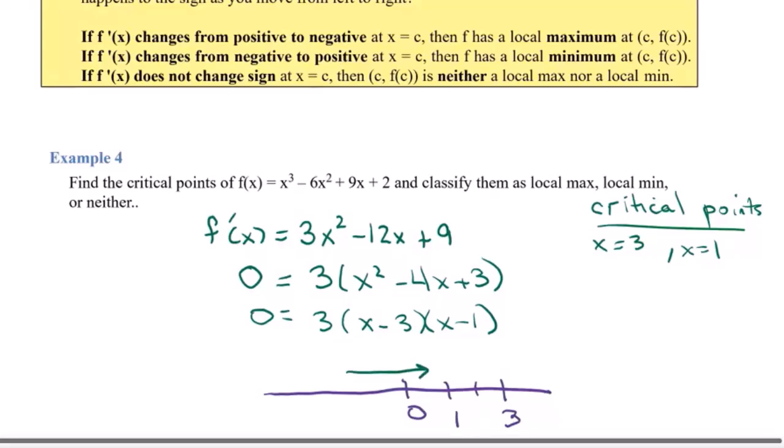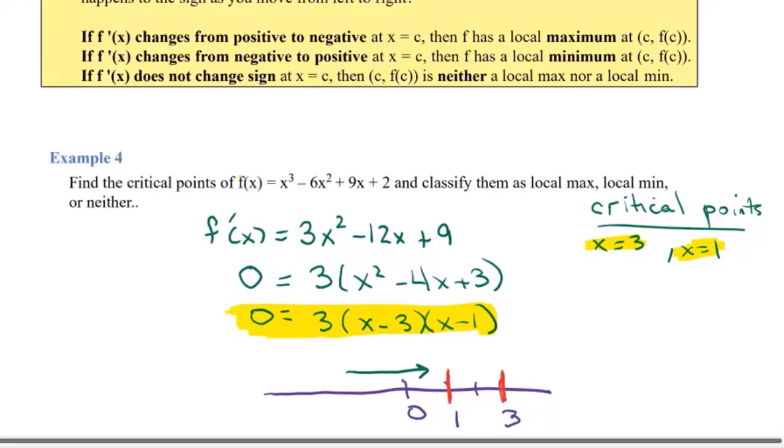So let's plug in 0. We're going to plug 0 into the first derivative, because what we want to see is what the slope looks like as it comes into these points 1 and 3, our critical values. So let's pick 0, because remember, all we care about is 1 and 3.